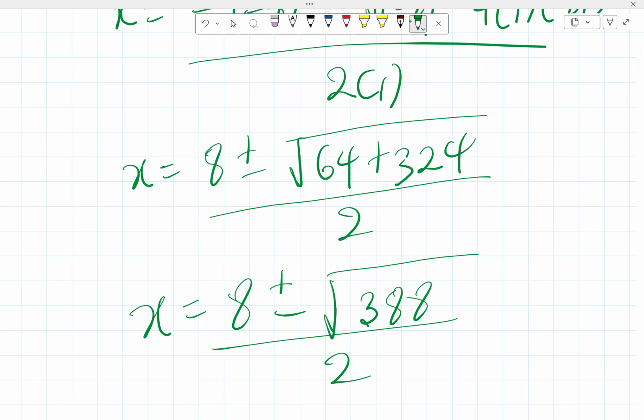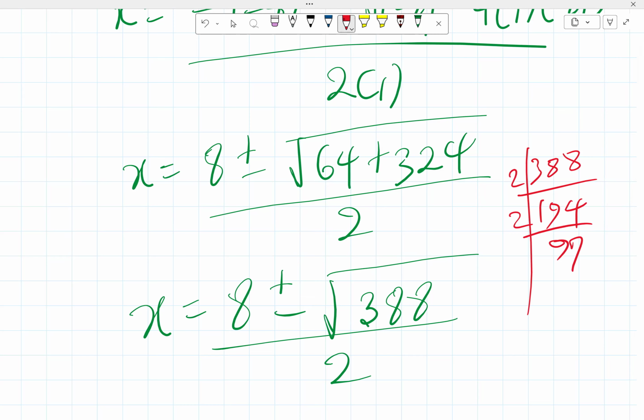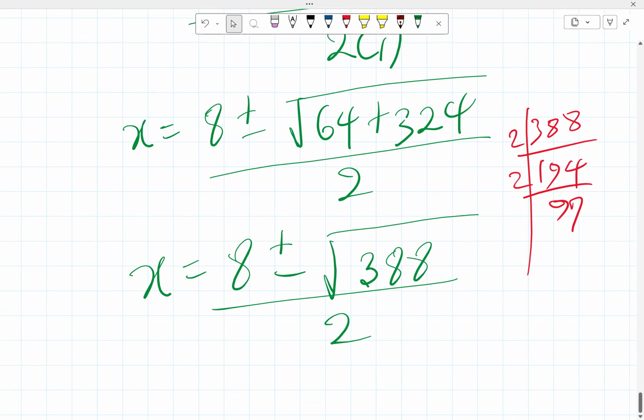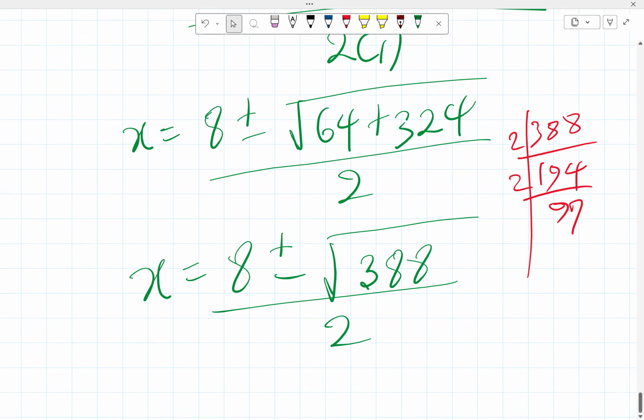So we need to break this down to see if there's a perfect square. 388 divided by 2 is 194. Divided by 2 again, that's 97, and that's how far that goes. So 388 is 4 times 97.